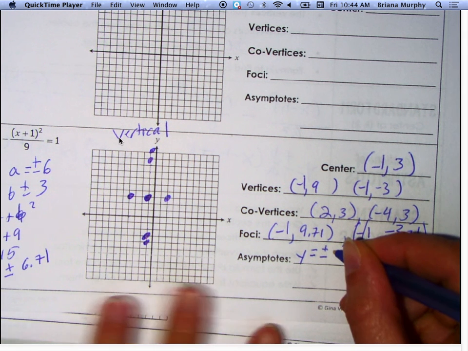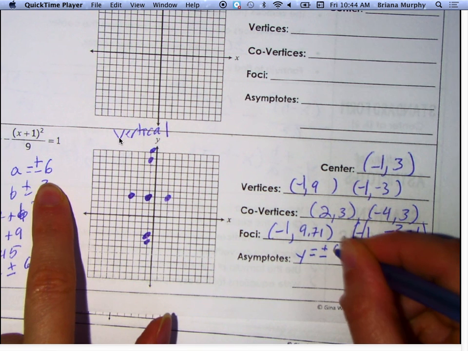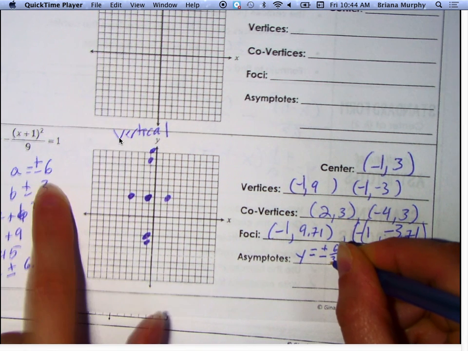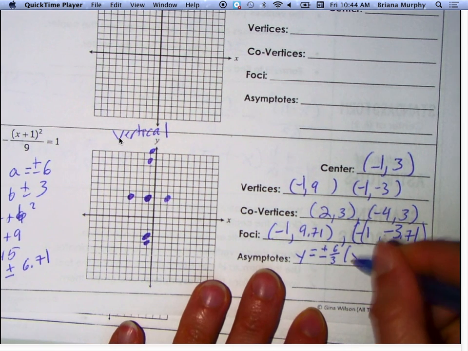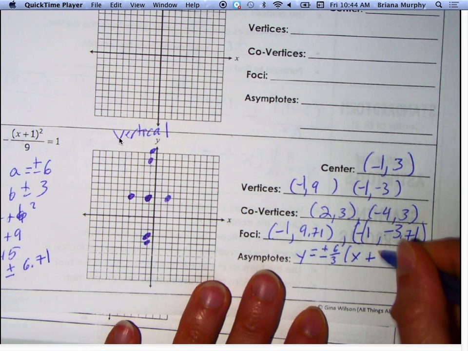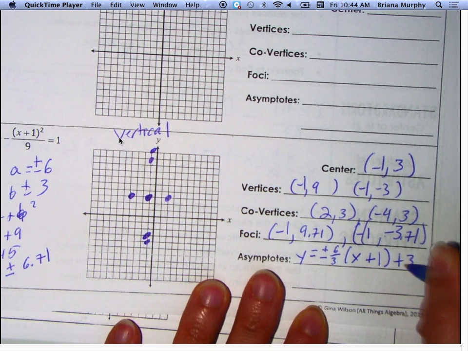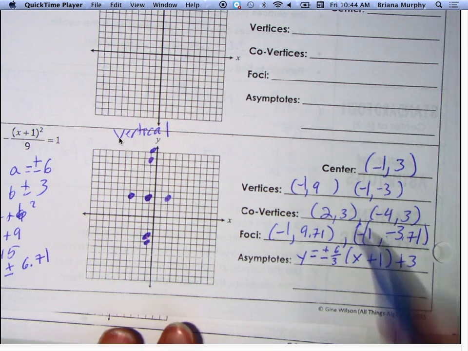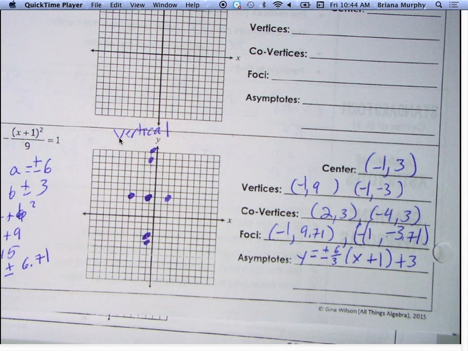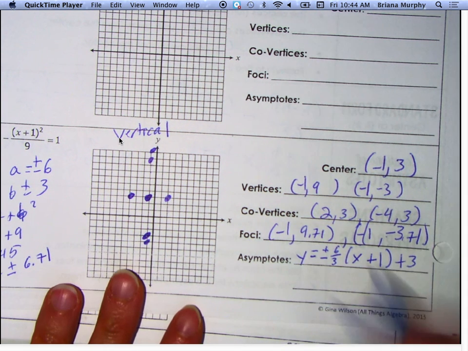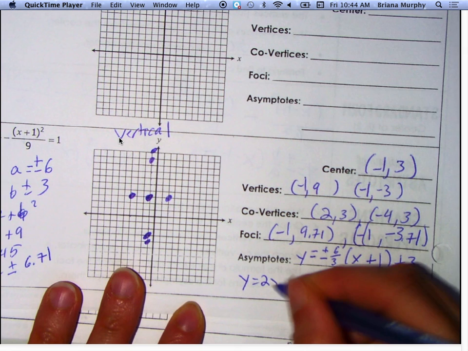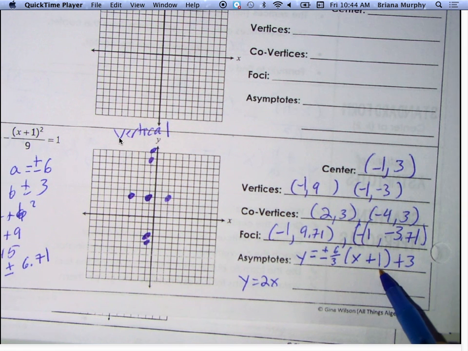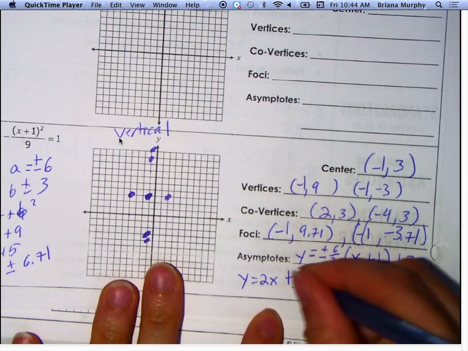So A is 6 over 3, times x plus 1, plus 3. Now I'm going to change these into two different equations, and I'm going to put them in y equals mx plus b form. So first, 6 divided by 3 is 2. 2 times x is 2x. 2 times 1 is 2. 2 plus 3 is 5.